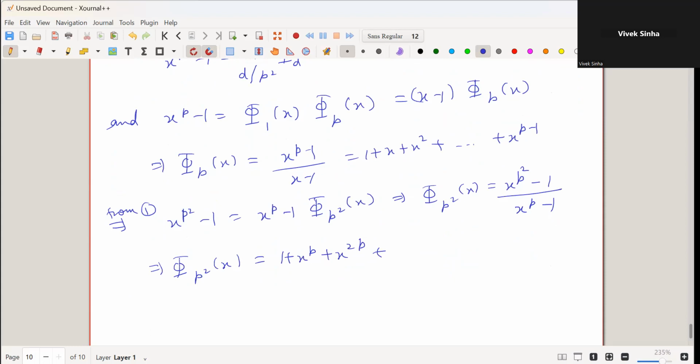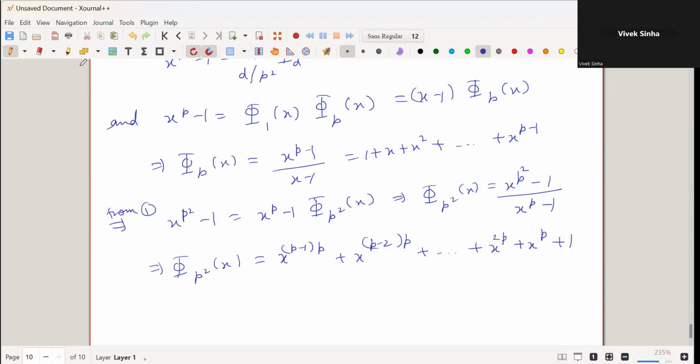And then, what I am saying, you divide this polynomial entirely by this, and then you will find that this is equal to, or maybe I should write it like that, x^((p-1)p) plus x^((p-2)p) dot dot dot plus x^p plus 1.